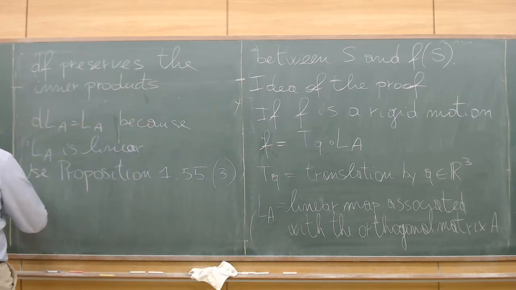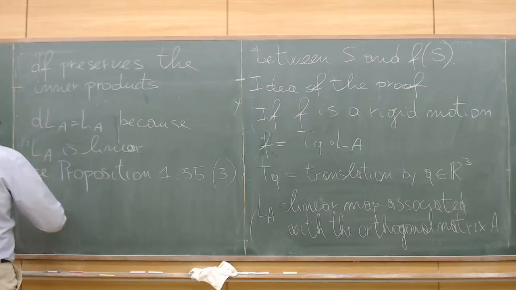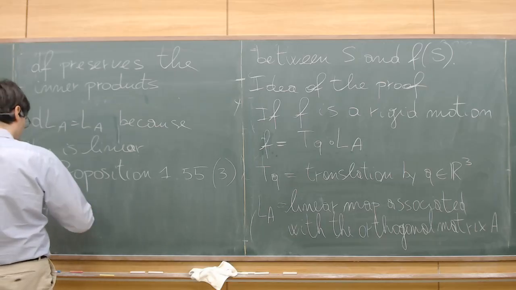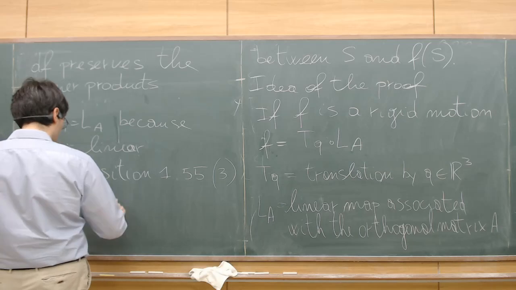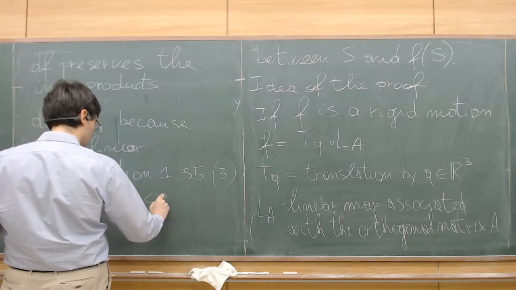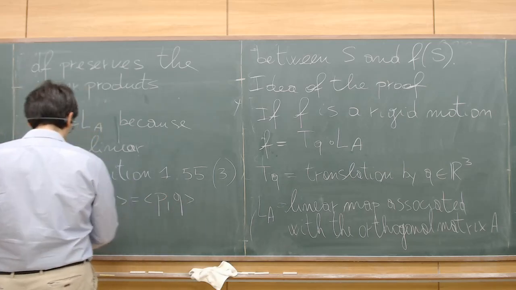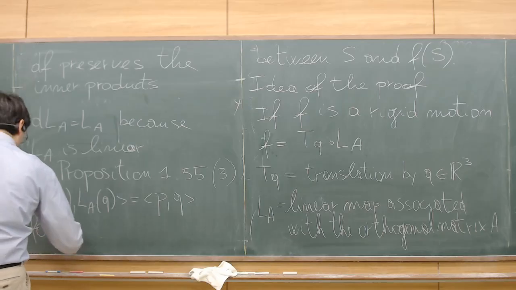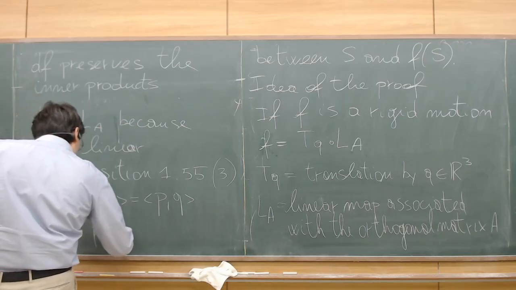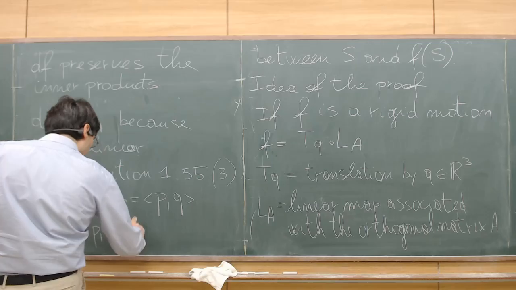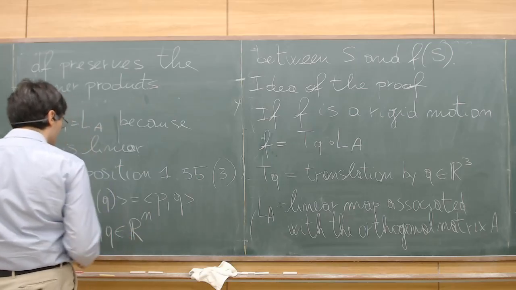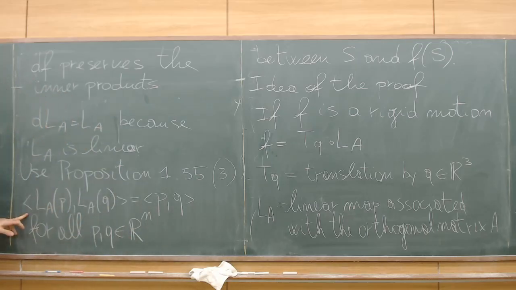Property number 3 says that LA(p) · LA(q) is equal to p · q for all p, q in Rn. So this identity says that the differential of LA, which is LA, preserves the inner product. This is exactly what we need.